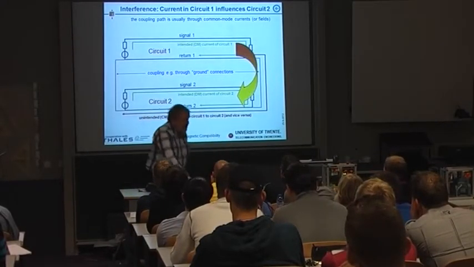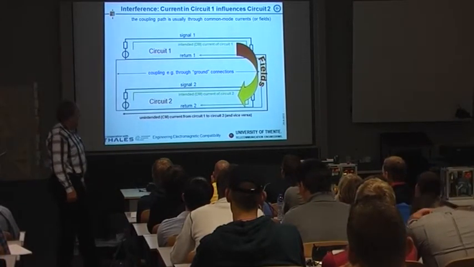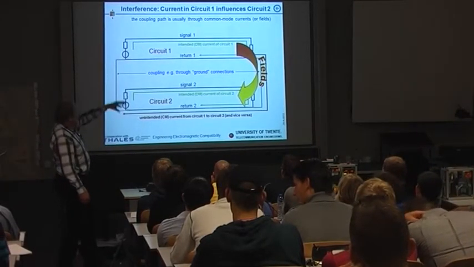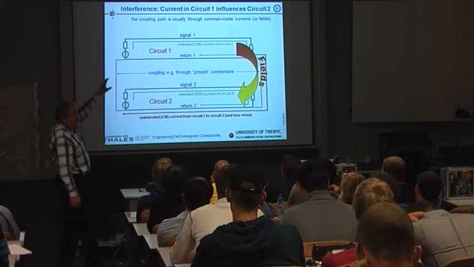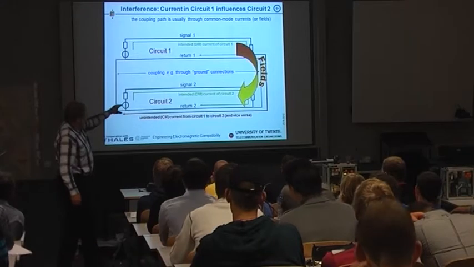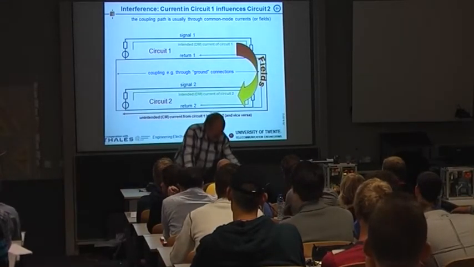It's also possible that you generate fields, electric fields, magnetic fields, which then go through the air from one loop to the other. You see the circuit has a current loop, two current loops, and they communicate through these fields. They're not supposed to, but they will.